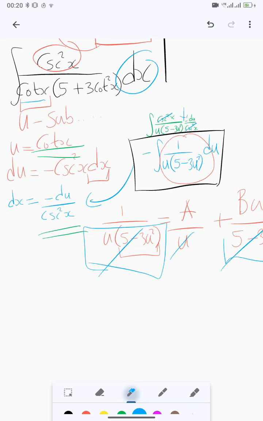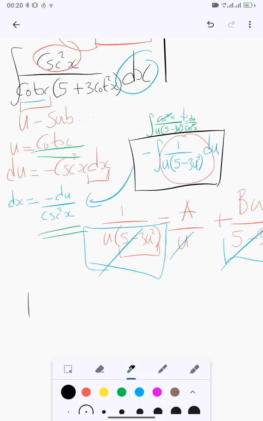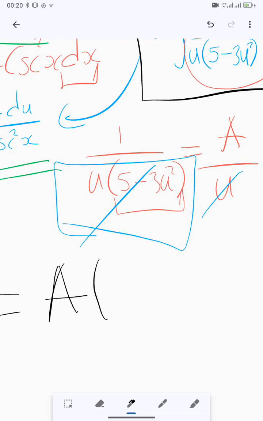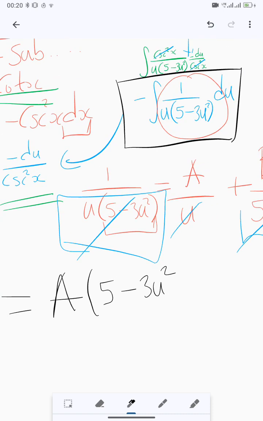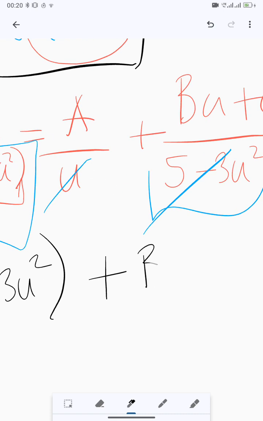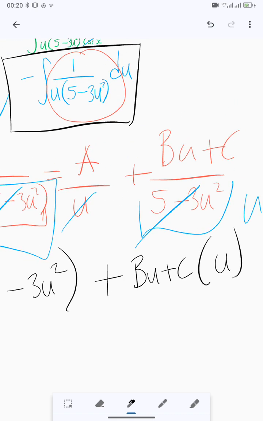So to rewrite this equation, I'll be having 1 is equal to a, then I'll be left with 5 minus 3u squared, then plus bu plus c, then multiplied by u.